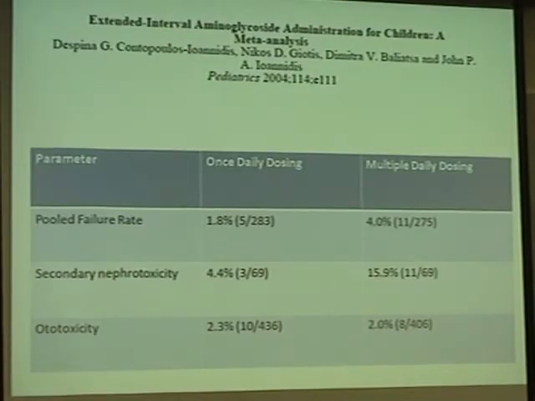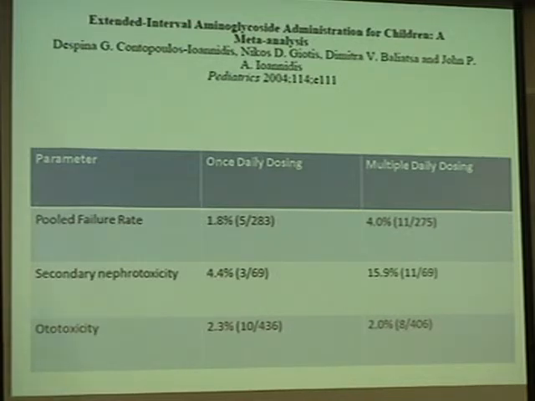So we've taken this information and applied it to our pediatric population. And this is a meta-analysis of several different studies that were done. They were done in the PICU, they were done in the NICU, they were done in our CF population. They were done in patients with urinary tract infections. And they were done with amikacin, tobramycin, and gentamicin.